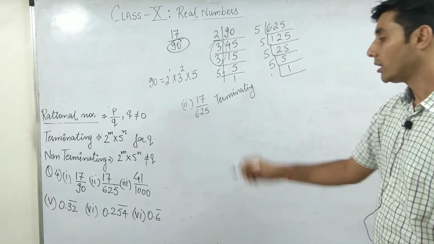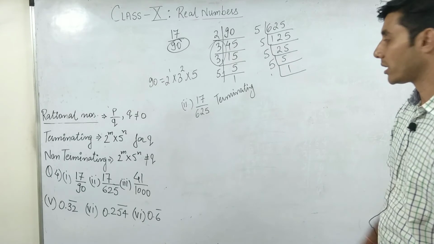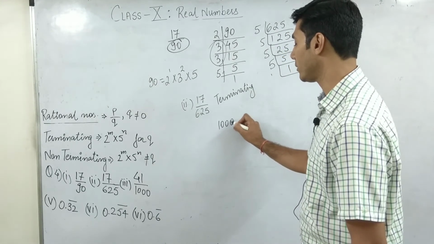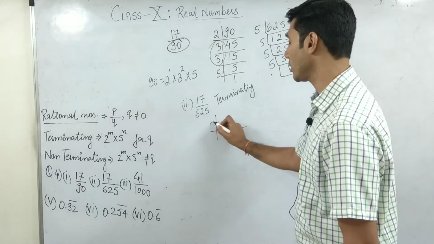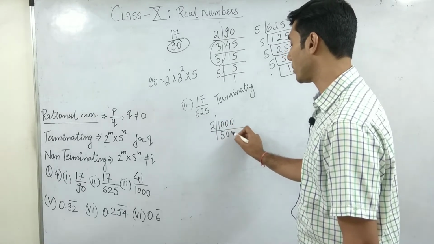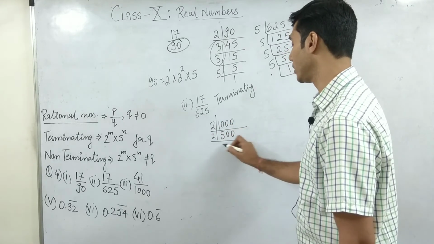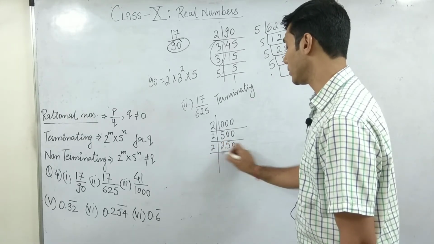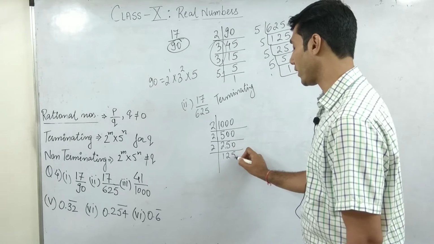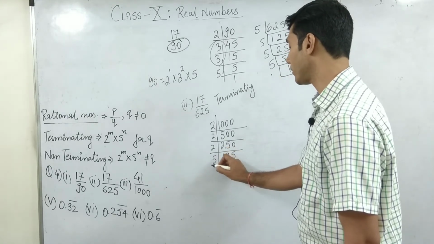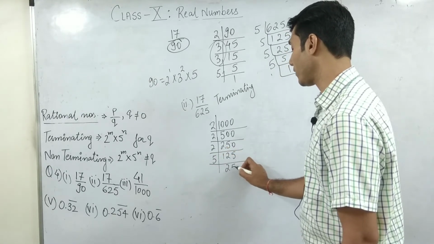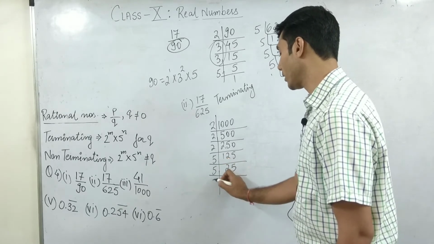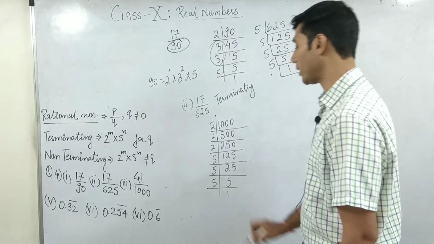Okay, now let's move on to 41 by 1000. So let's write 1000: 2, 500, 2, 250, 2, 125, 5, 25, 5, 5, 5, 1.